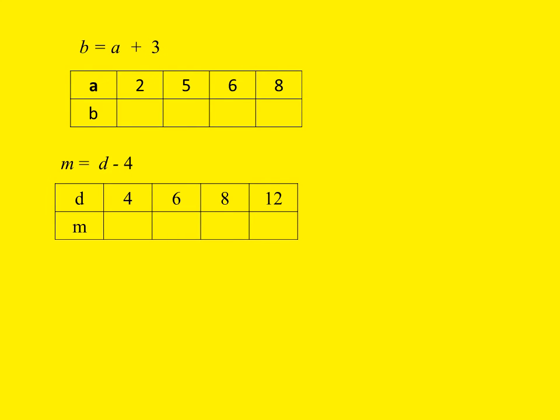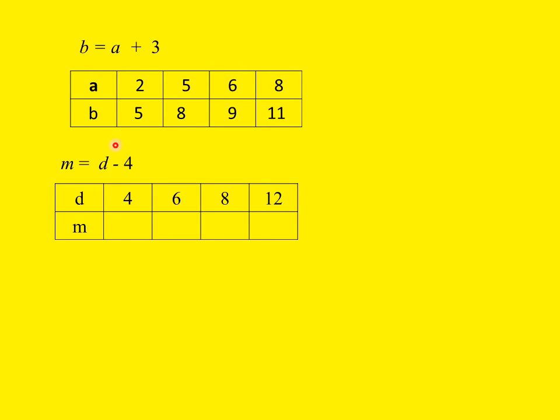So hopefully you're, again, I've said this a few times now, skipping a little bit ahead of me, and you're realising, well, if A is worth 2, 2 plus 3 is 5, so 5 has to go in there. And then you could probably move pretty quickly, I would think. A is worth 5 here, so add on 3 to that, and you get 8. And all you have to do is finish the pattern of it. Add on 3 to the number up here in the A row. So the equation is B equals A plus 3, right there, and that means that you add 3 to every A score to get the B score.